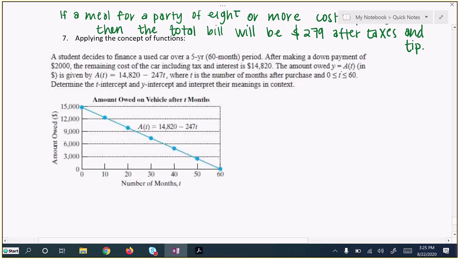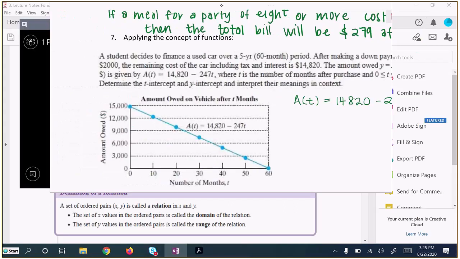So we have a function called A. It is a function of the variable t, and t is the number of months after the purchase. Then determine the t-intercept and the y-intercept and interpret their meanings in context. So A of t is equal to 14,820 minus 247t. That's the first thing that we need to get out of this question.